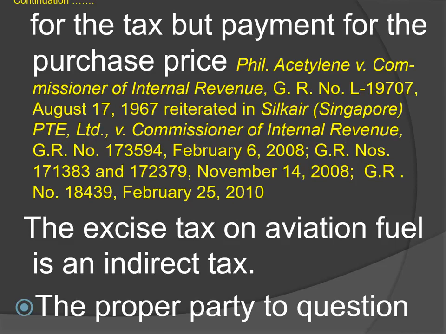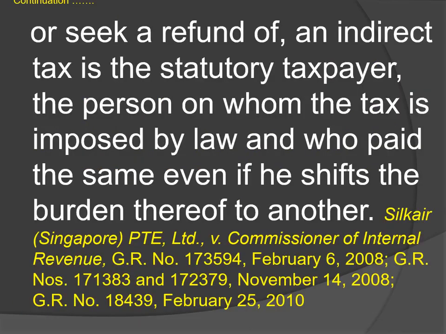In the case of Silk Air, the excise tax on aviation fuel is considered an indirect tax. The proper party to question or seek a refund of an indirect tax is the statutory taxpayer, the person on whom the tax is imposed by law, and who pays the same even if he shifts the burden to another. This was the holding in the case of Silk Air.